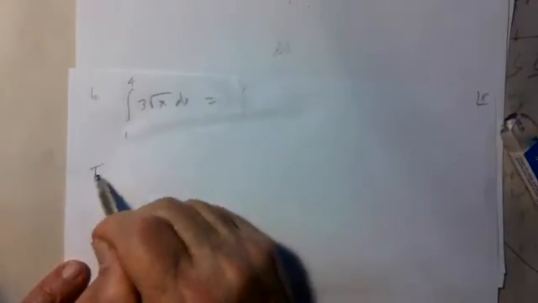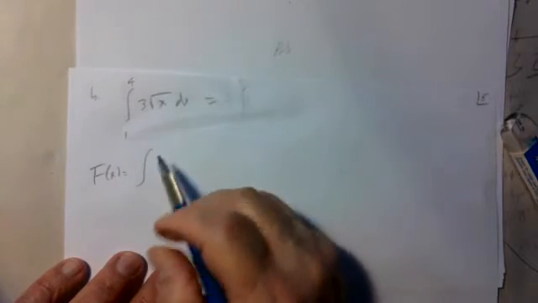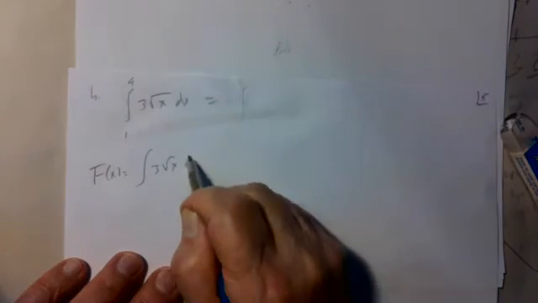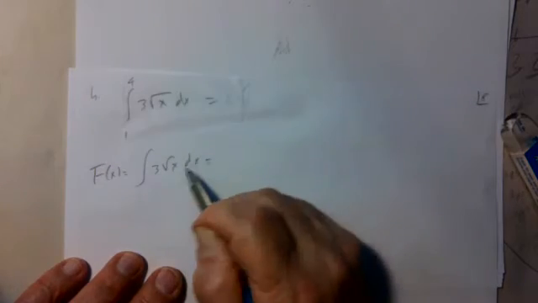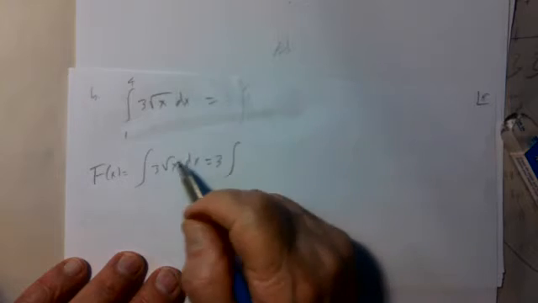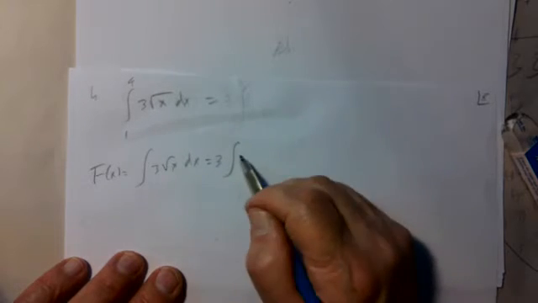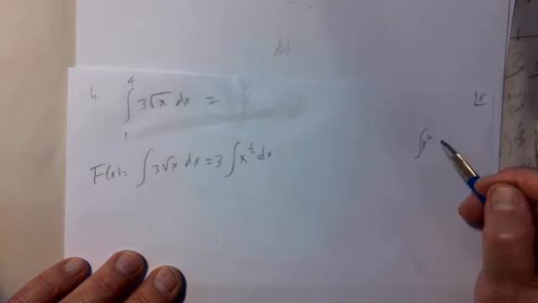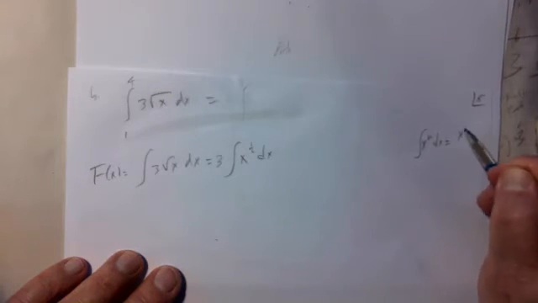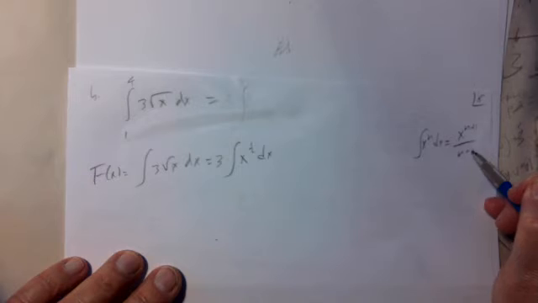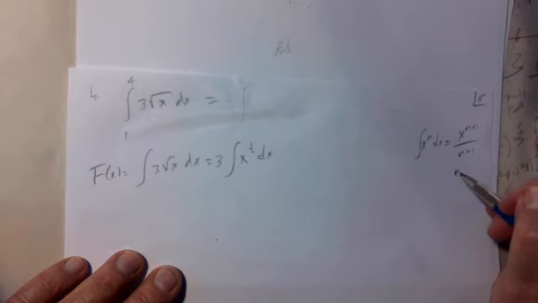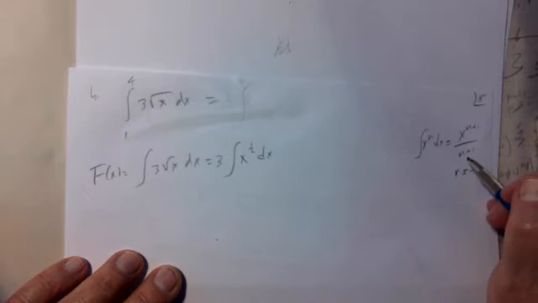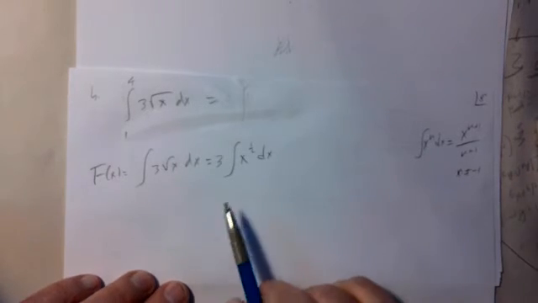So the antiderivative, capital F of x, the integral of 3 root x dx. That's 3 times the integral of x to the 1/2. That's what the square root is, dx. Remember the rule that the integral of x to the n dx is x to the n plus 1 over n plus 1 for all n not equal to -1, where the denominator would be 0.